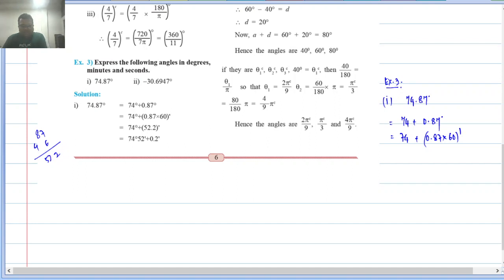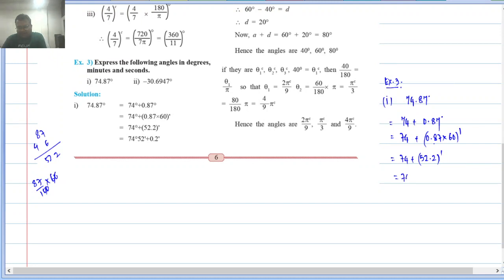Okay, 522. Fine. And this is 87 upon 100 into 60. So it is 87 into 6 upon 10, which is 74 plus 52.2 minutes.